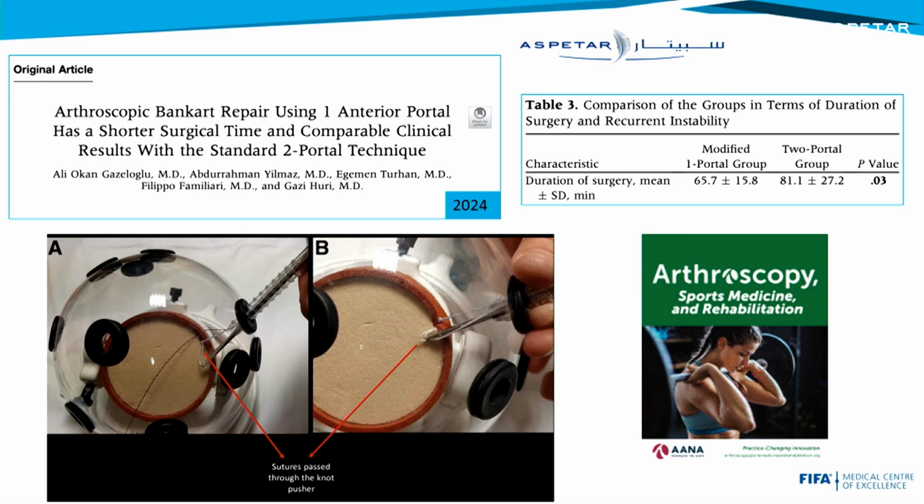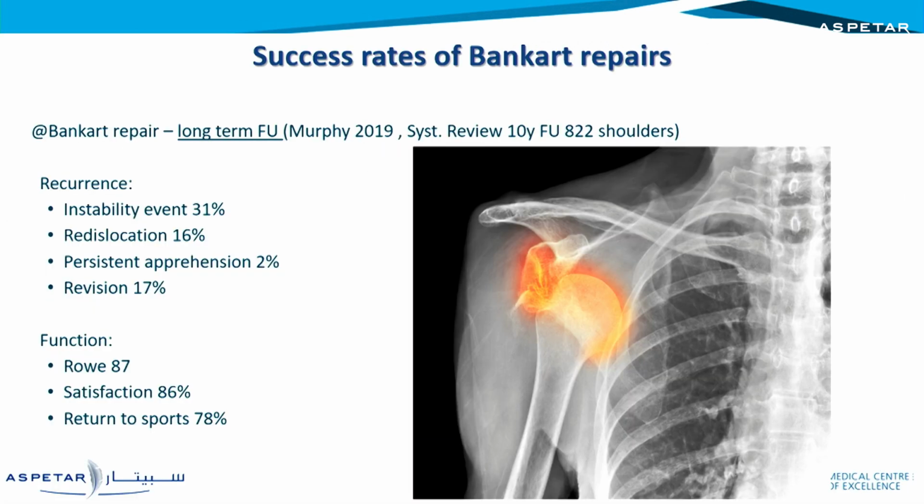Here, even in Aspetar, arthroscopic surgery is normally performed with 2 portals. Here I perform it from 1 portal. In terms of clinical results after 1 year, it doesn't make that much difference, but the duration of the surgery is 20, 25 or 30 minutes less than normal, which I believe is very important.